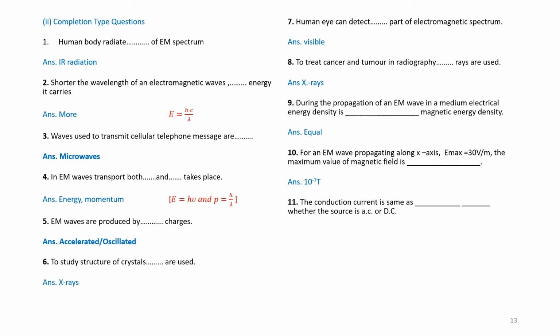Question number 11. The conduction current is the same as dash whether the source is AC or DC. Displacement current. So conduction current and displacement current are the same. Question number 12. An oscillating charged particle radiates electromagnetic waves.